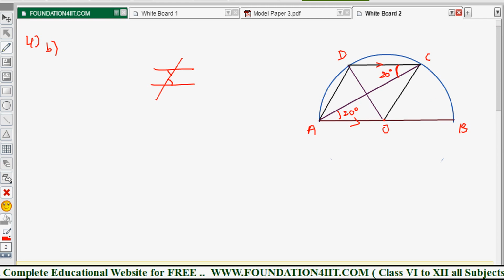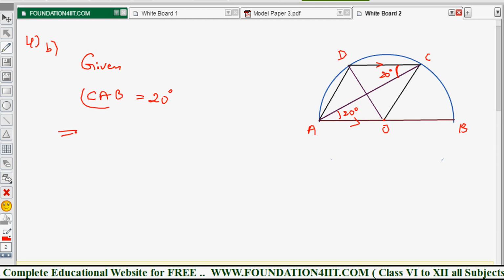So let me write the steps. Angle CAB is given as 20 degrees. Then based on this, since angle CAB is 20, DCA is also 20.